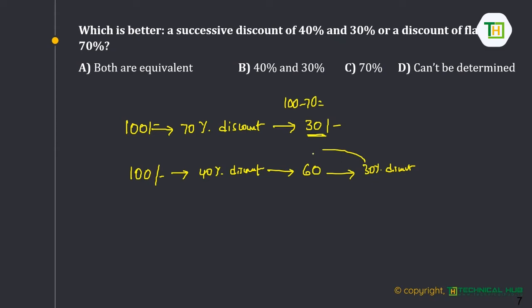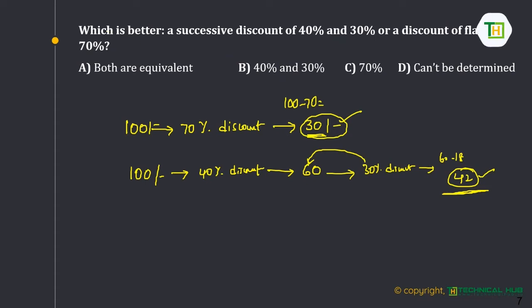Just simple multiply 3 into 6, you will get 18. So I have to give a discount of 18 rupees. The final value is 60 minus 18, which is 42. If I give a flat 70% discount, the final value is 30 rupees only. But if I give successive discounts of 40 plus 30, the final value is 42.